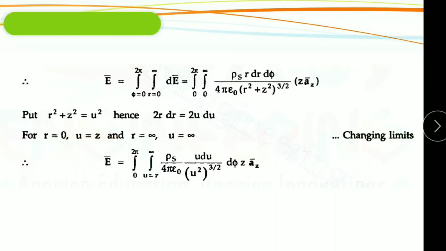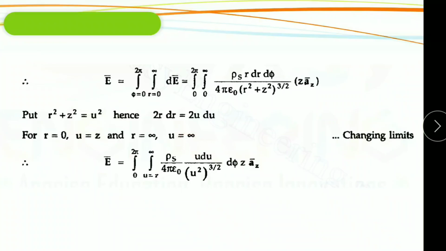Similarly, substitute r equal to infinity in this equation. Infinity square plus z square. Addition of any number to infinity square, that value is also equal to infinity square. So infinity square is equal to u square and u is equal to infinity.